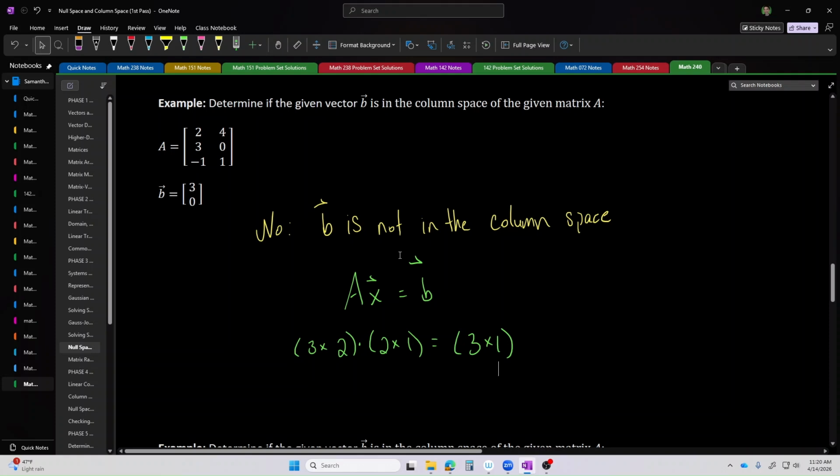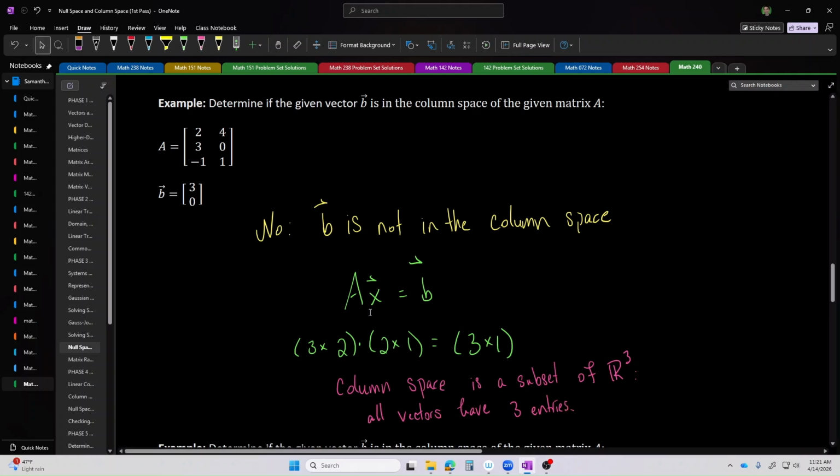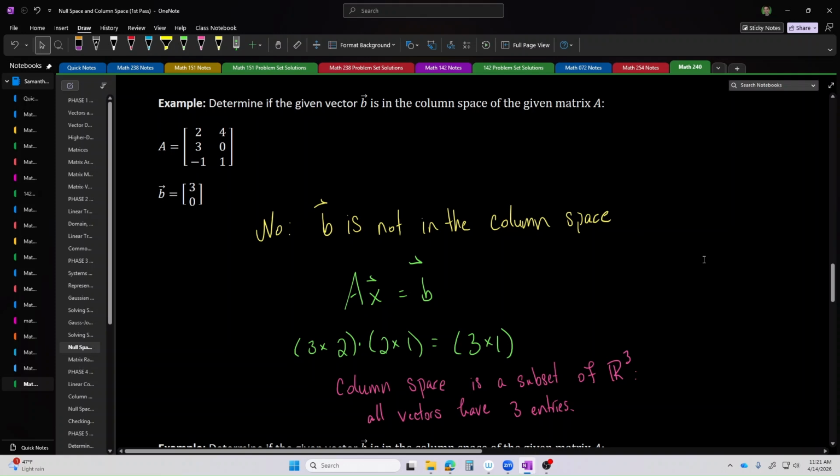So the column space of this matrix contains vectors that are 3-dimensional. The column space here is a subset of R3. In other words, all vectors in the column space of this matrix have 3 entries. So the vector B given here, only 2 entries, is automatically disqualified from being in the column space just because it is the wrong length.